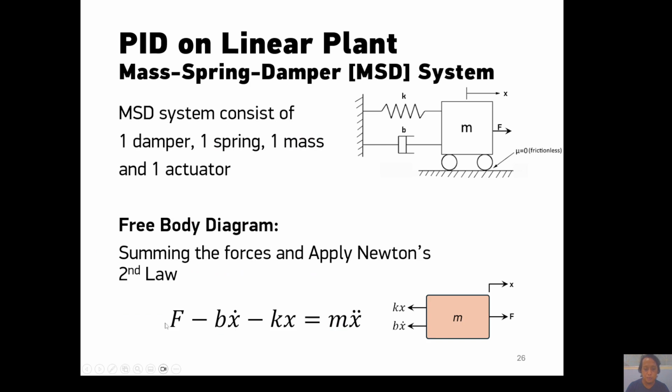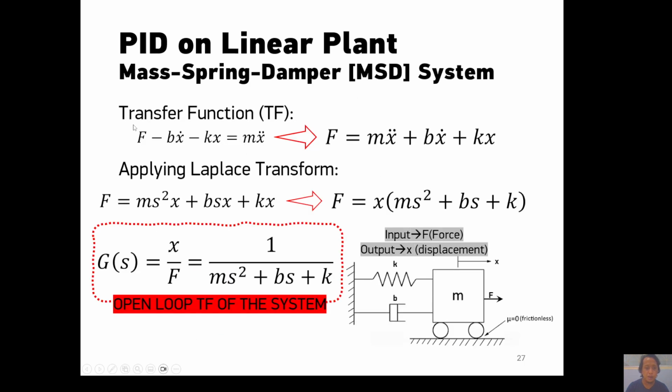From the previous equation, we move the F, so F equals M times x double dot plus B x dot plus Kx.